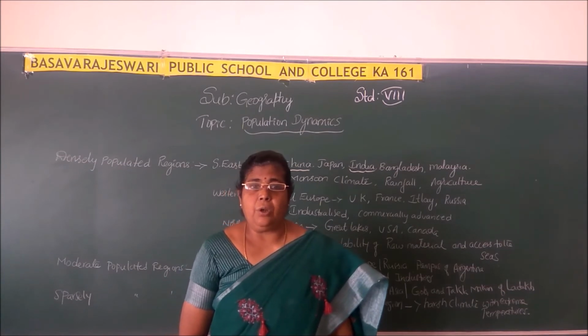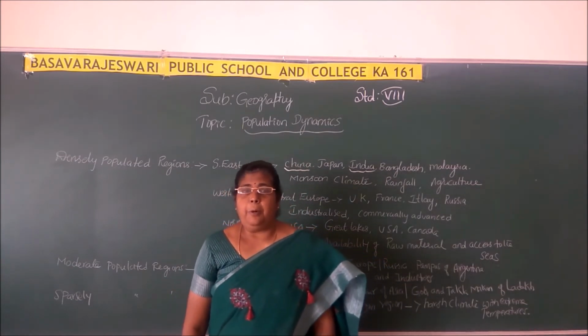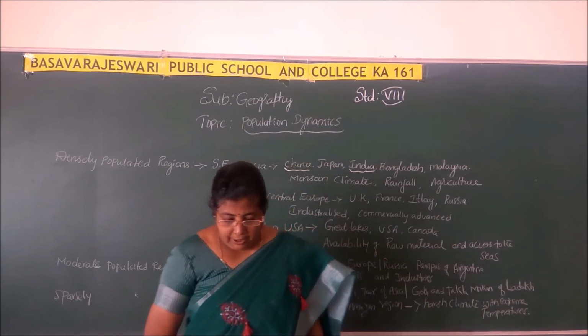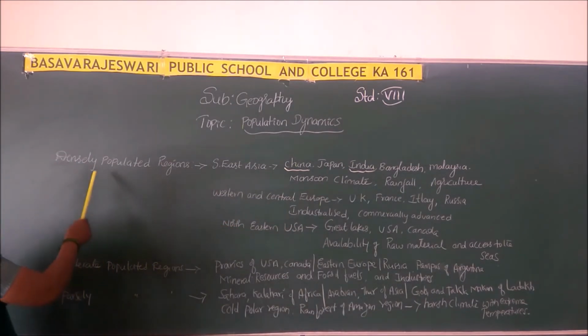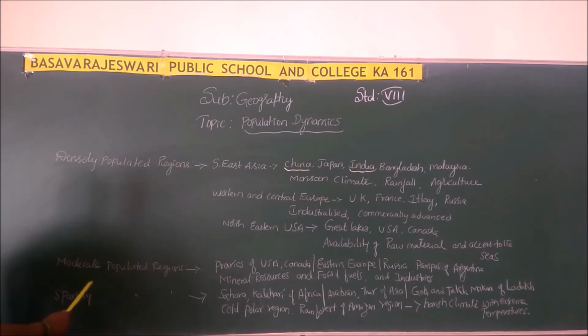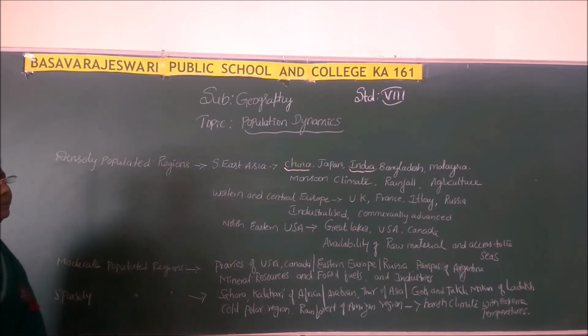On the basis of the population distribution, three main zones can be identified: the densely populated regions, moderate populated regions and the sparsely populated regions.